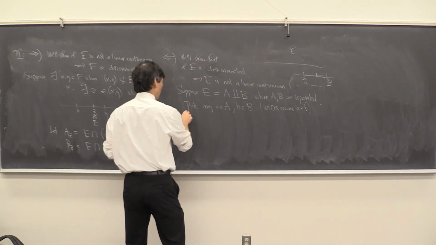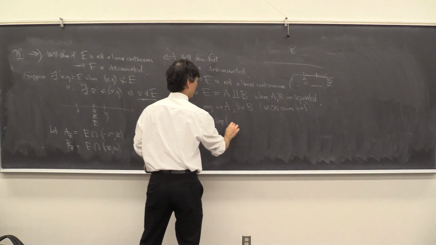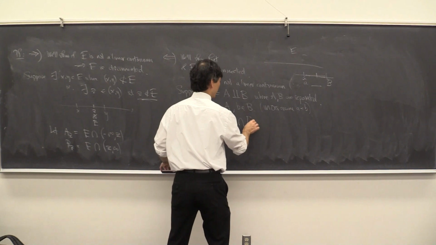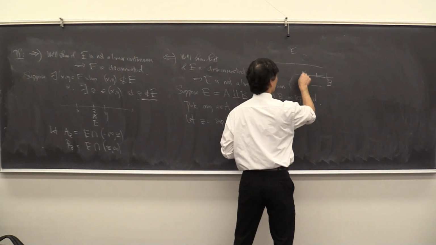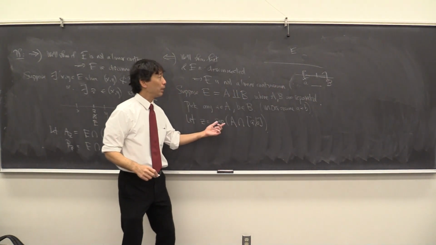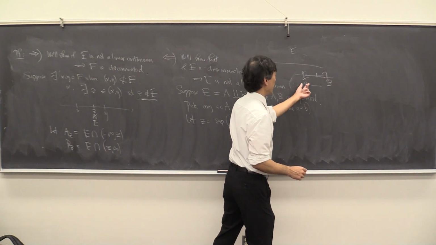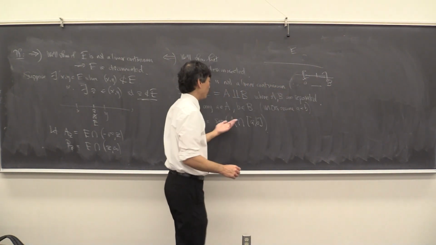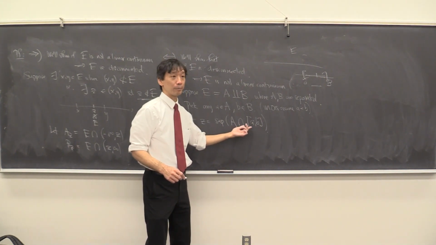We say, well, let z denote the supremum of A intersect the interval [a, b]. So we take the interval [a, b], and then we intersect it with A. It's got some points in there, and we take the supremum of everything that's in A inside there.